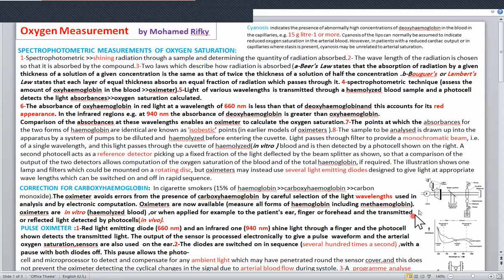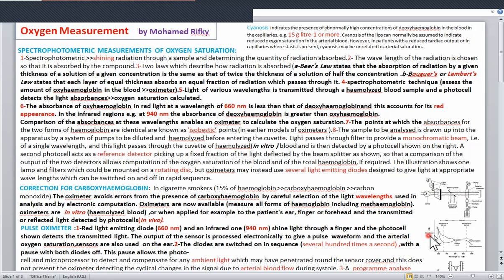Whenever I measure the saturation in hemolyzed blood, we call it in vitro, and whenever I measure it through the ear or the finger nail, I call it in vivo.